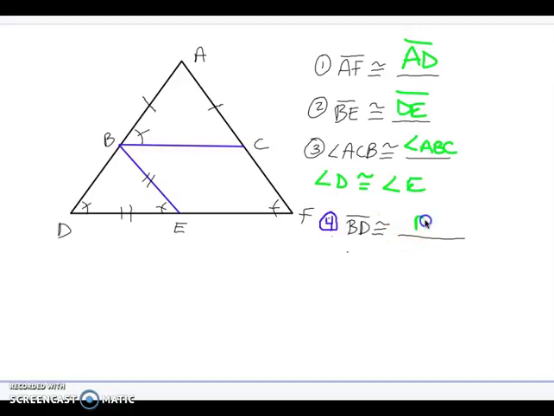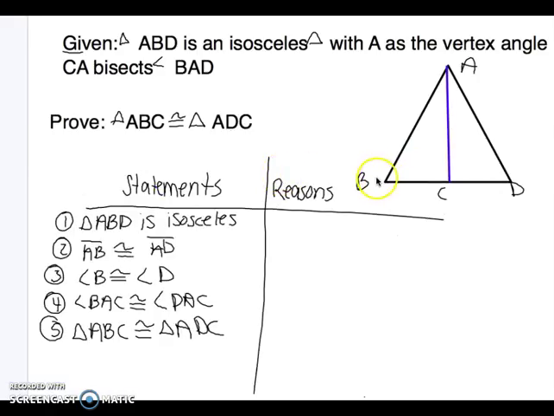So we would put here segment BE. Definition of isosceles, base angles are congruent and legs are congruent, can also be reasons in your proofs.